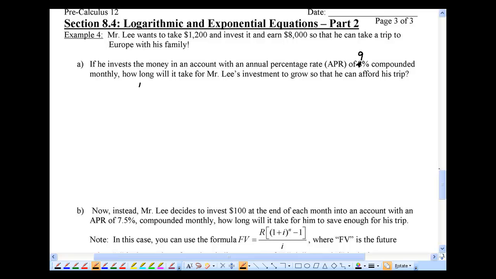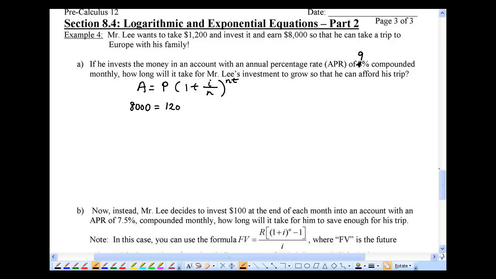Alright, so 9%. All right, remember that formula? A equals the principal times 1 plus the interest rate as a decimal, divided by n, where n is the number of compounding periods, to the power of n times t. So once again here, A stands for the final amount, which is 8,000.